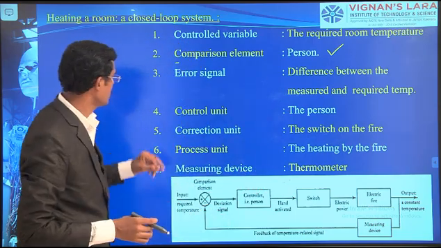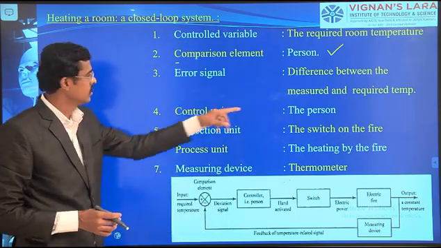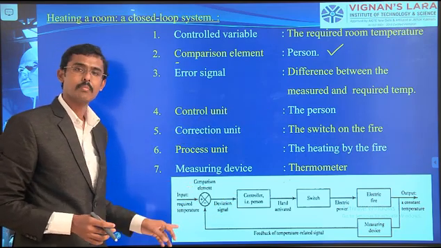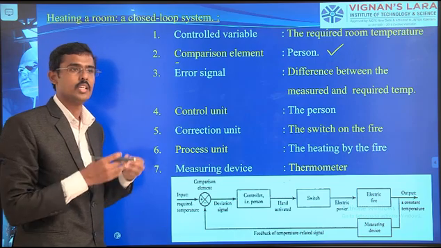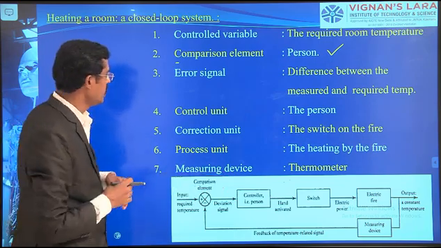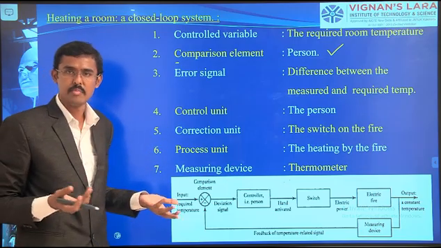Which is the controlling unit? The person. I am going to control and compare here. I decide whether it is cooled too much or not, and I change it. Maybe it can be automatic.